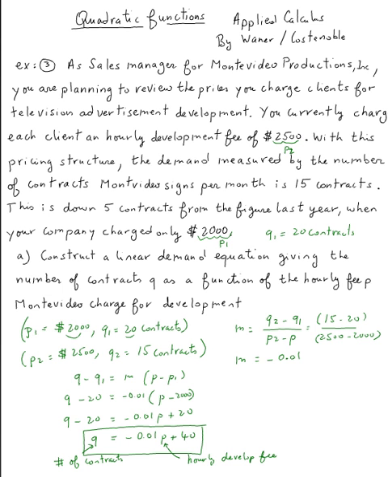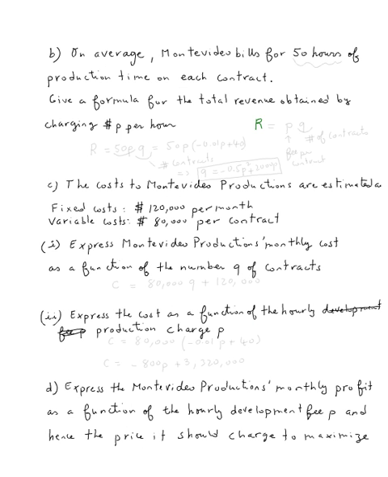Usually we say revenue is equal to PQ, where Q is the number of contracts and P is the fee you charge per contract. That would be okay. However, this time the P doesn't represent the fee per contract. The fee represents the charge per hour.